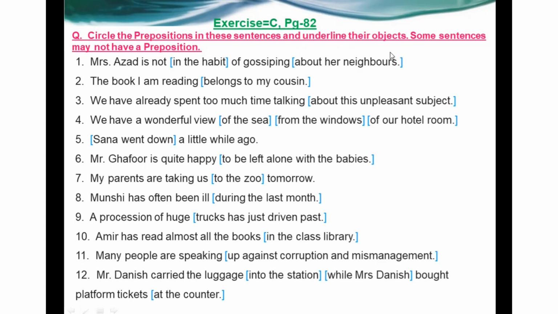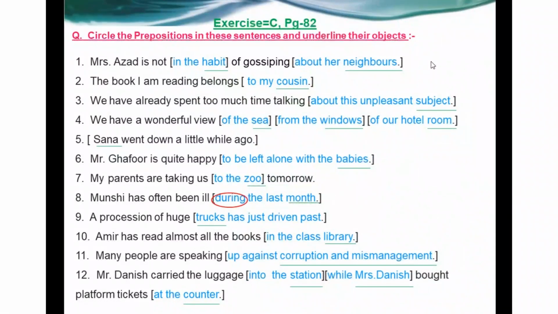And the object here we have is neighbors. Neighbors is the noun. Like that we will do all. So students, whatever the preposition we picked, we have to make a circle on that, right? Yes, like that, and the object will be underlined. Let's see the next one. What is the next preposition we have here?